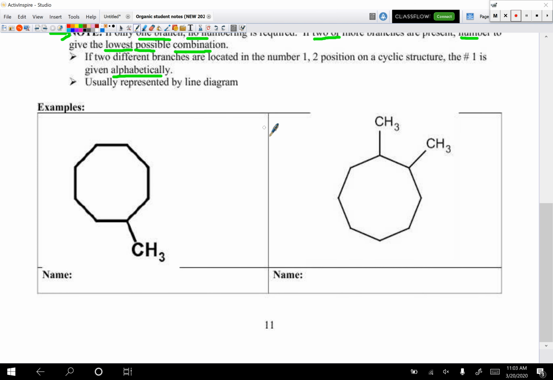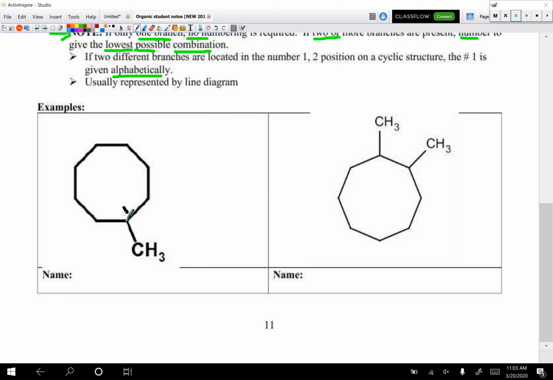Our first step, when we look at a cyclic structure like the one right here, is to count how many carbons there are. I'm also going to place carbon 1 where I get the lowest possible combination. In this case, we only have 1 branch, this one right here, so carbon 1 is going to be right on the branch. This satisfies the rule that carbon 1 is closest to our first branch.